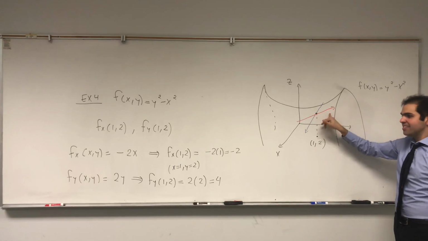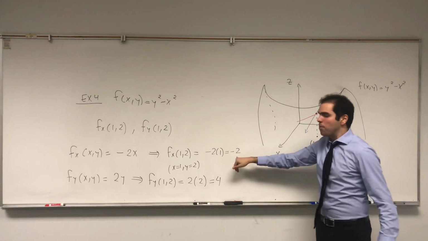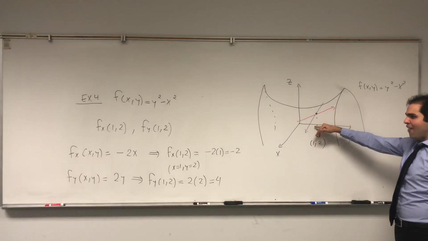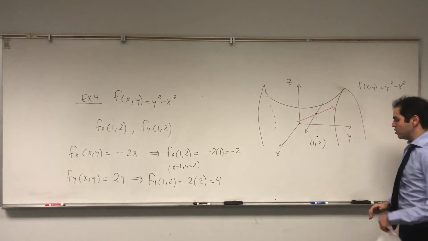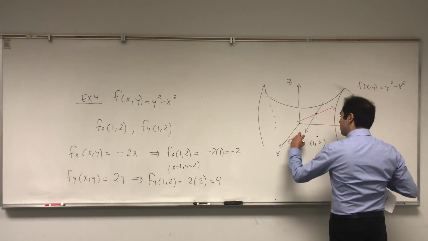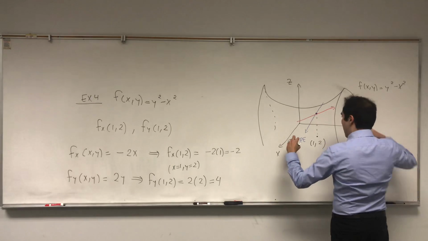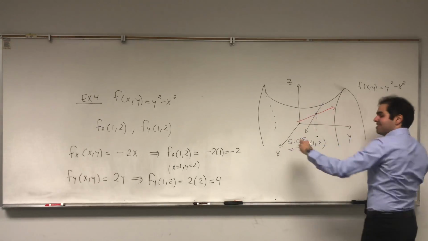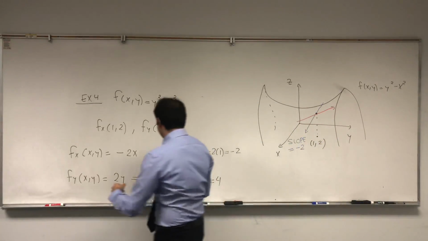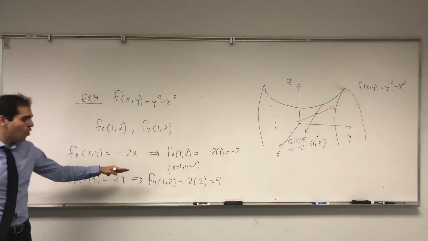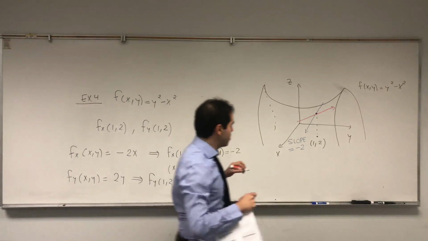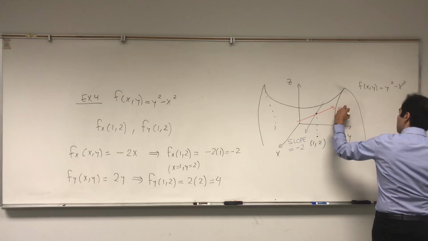And those rates are precisely the partial derivatives. The fact that f_x at that point is minus 2 means that the slope at this point in the x direction is minus 2. On the other hand, the fact that f_y is 4 means that in the y direction, the slope is 4.